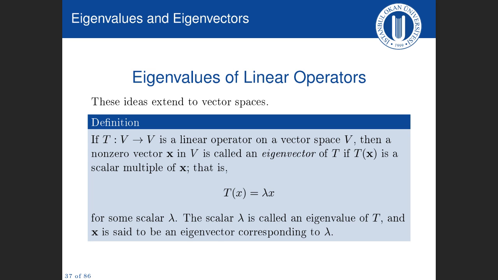So in other words, we have the same thing as we had for matrices: Tx is equal to some scalar lambda multiplied by x. The scalar lambda is called an eigenvalue of T, and x is called an eigenvector corresponding to lambda. So exactly the same idea that we've been talking about, but for linear operators instead of for matrices.